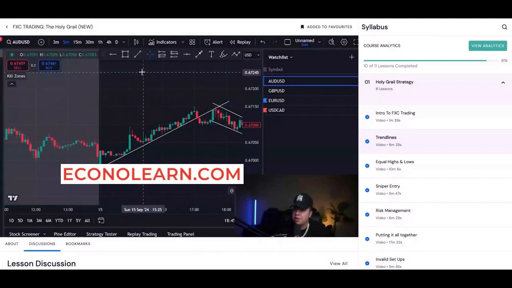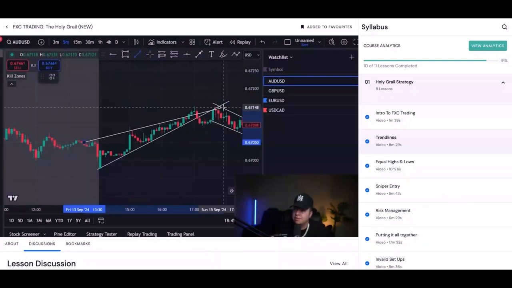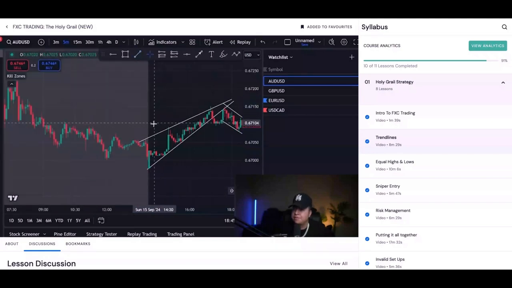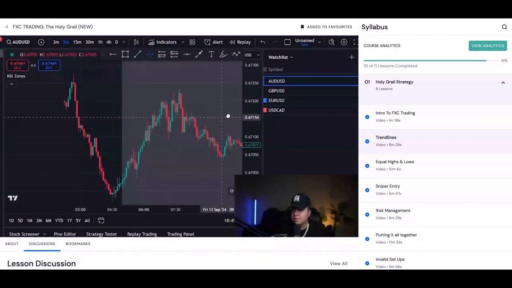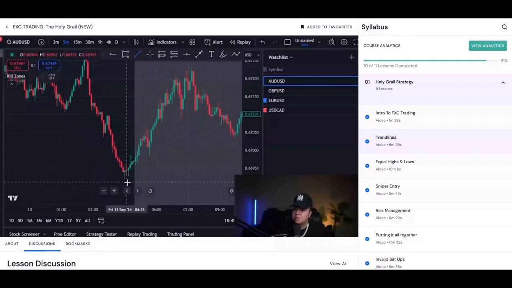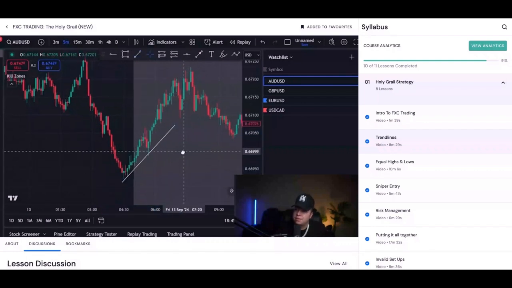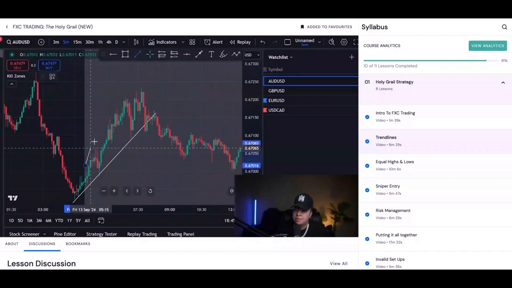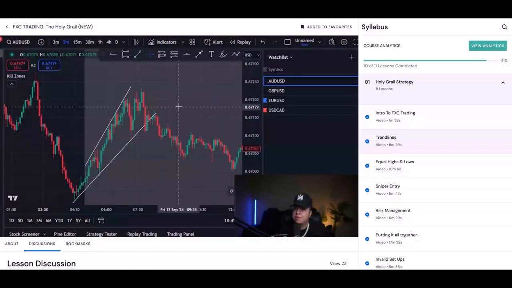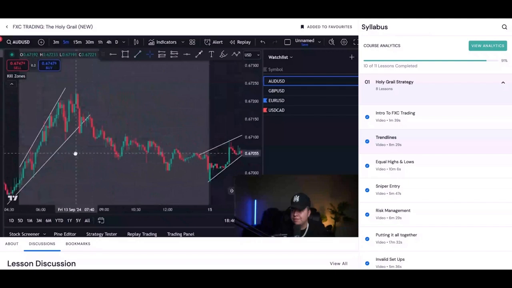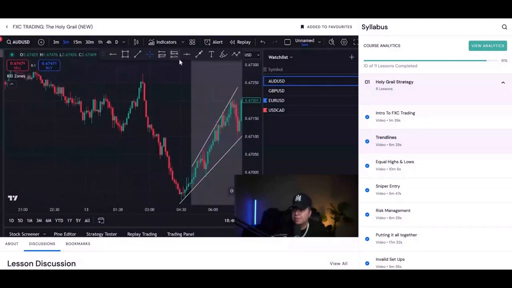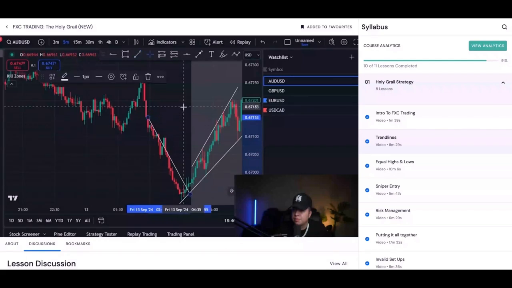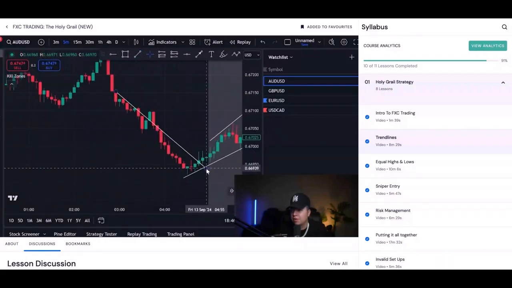Sometimes we have huge trend lines. It's looking good, looking good. And look at this one I want to show you right here.